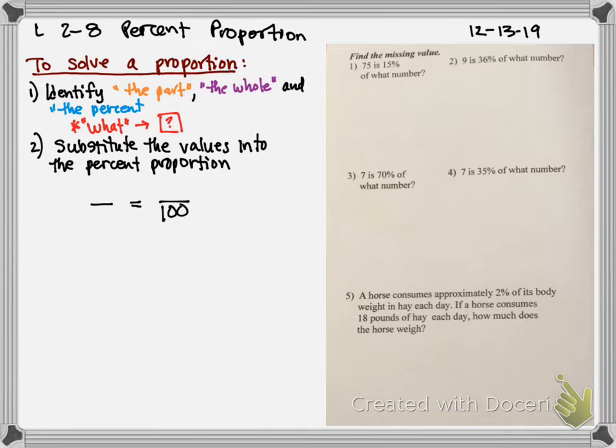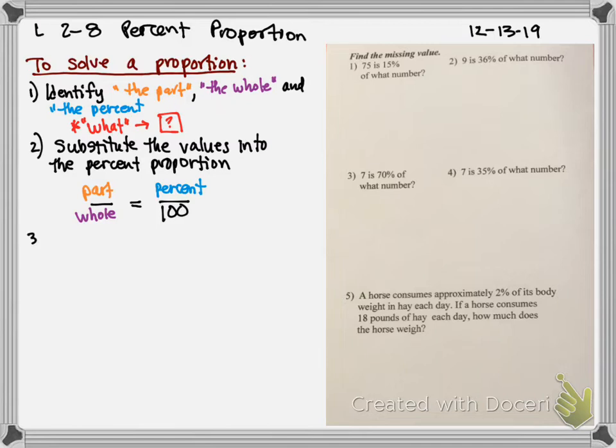Okay, so we're going to put the number that represents the part over the number that represents the whole or the total, right? And then that's going to be equal to the percent value over 100.